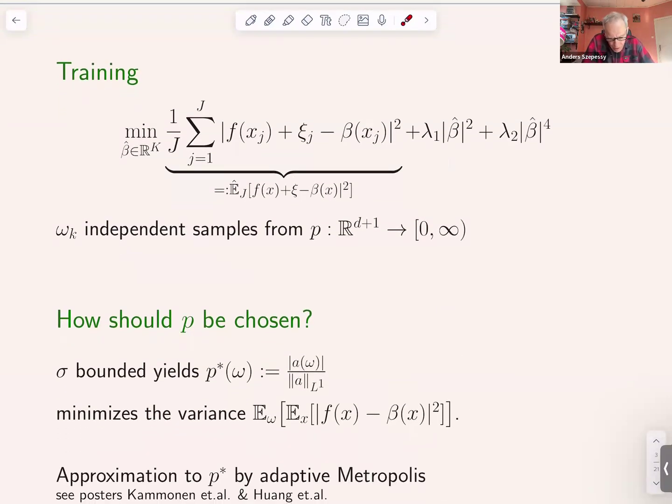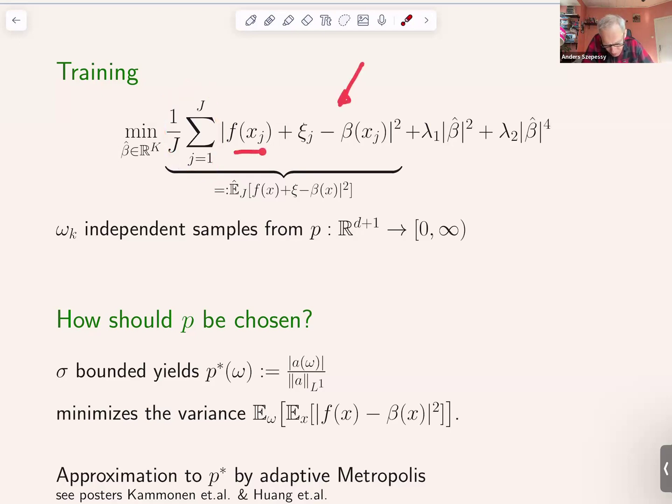Okay. Now, how to find the amplitudes is given by this training problem. So you want to minimize over the amplitudes beta hat the empirical sum, and the loss function is the L2 loss here.